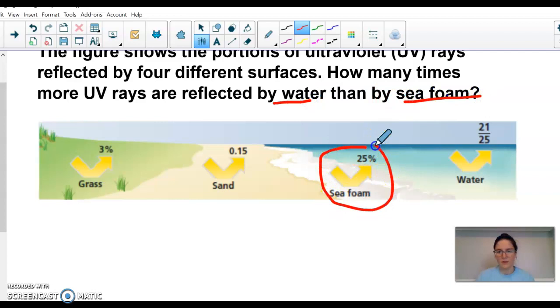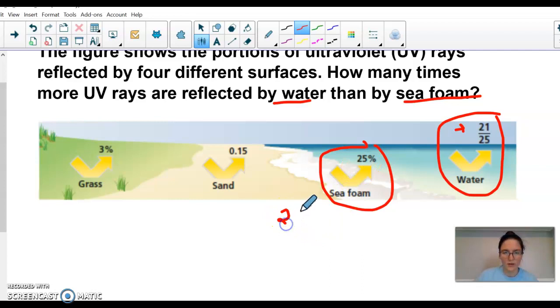So we're going to focus on sea foam and water. Notice that one's in percentage and one's in fraction. I want to get them the same type of number. So let's convert percentages into fractions. So 25 out of 100, because percent is always out of 100.